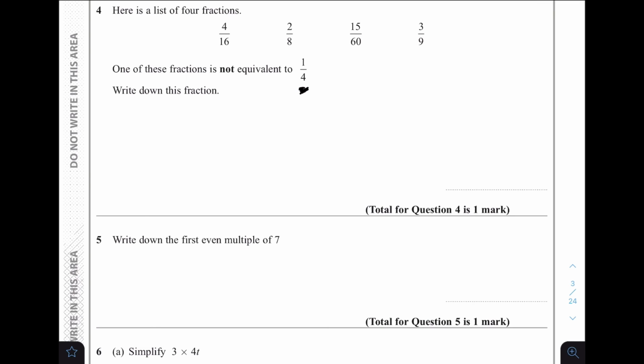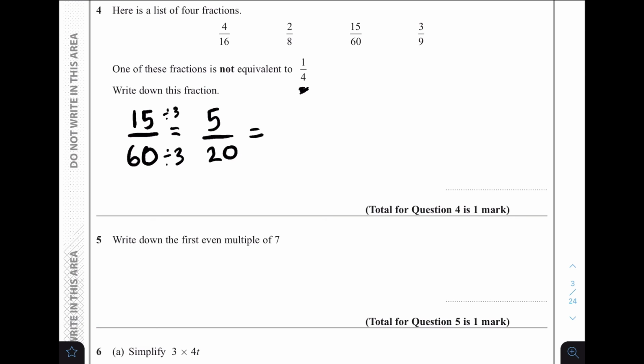And then we have 15 over 60. A number that we can divide through by on the top and bottom is 3. 15 divided by 3 is 5, and 60 divided by 3 is 20.